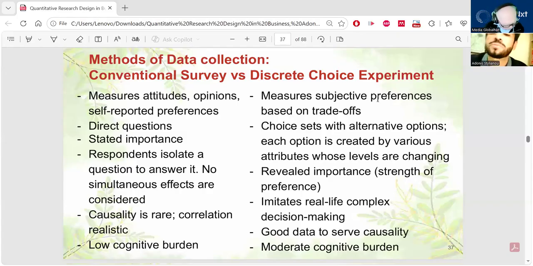The discrete choice experiment attempts to consider the reality, the complex reality of decision making. When we are choosing a product, let's say a package of biscuits at the supermarket, we are not thinking only about one factor, about the price, for example. We're thinking about the price, we're thinking about the healthy element, we're thinking about the taste, level of satisfaction, etc. So the packaging.